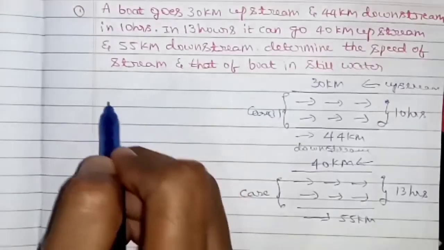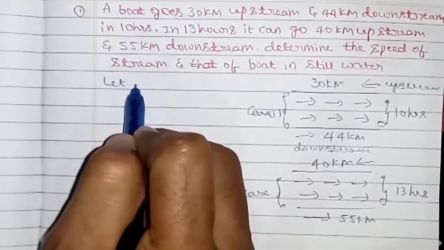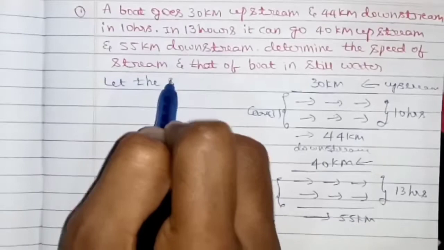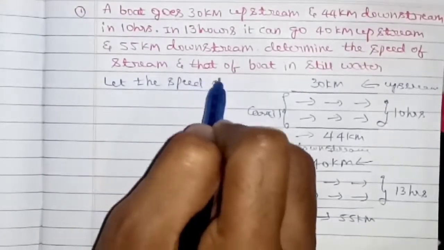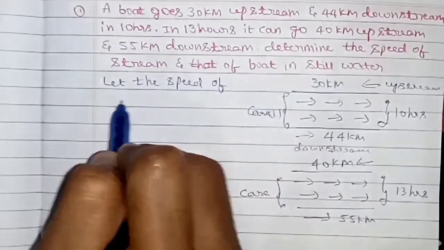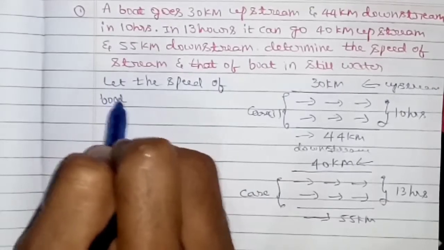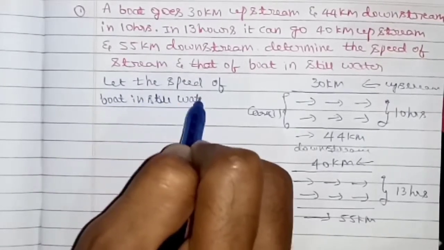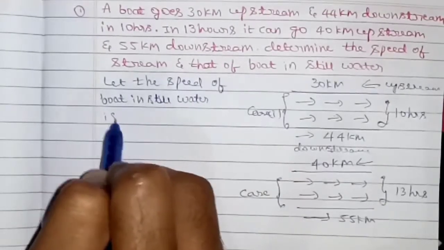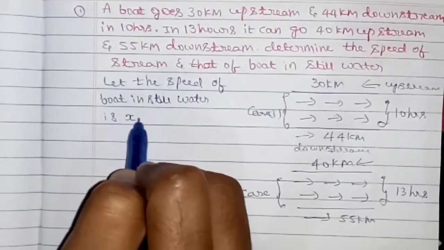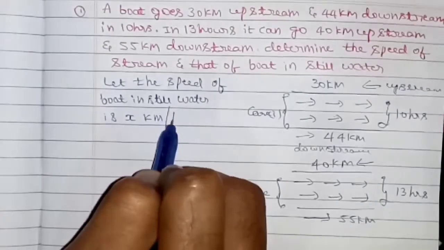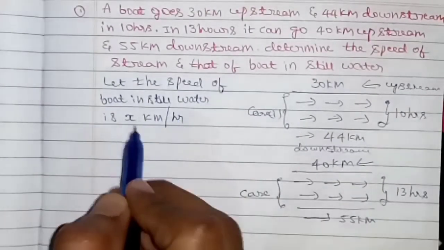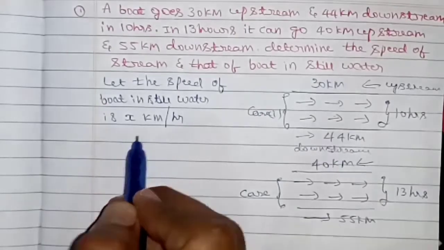Therefore, let the speed of the boat in still water be x kilometers per hour. We don't know it, so I'm taking it as x kilometers per hour, right?